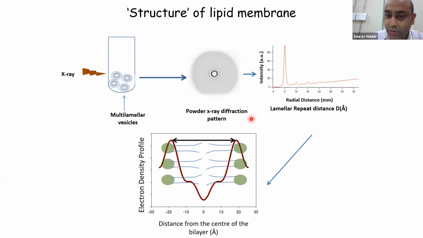It's very similar to what we otherwise do in protein structure determination, but in a slightly different way. So we get the powder X-ray diffraction pattern, we get the lamellar repeat distance, and the Fourier transformation of that is basically the electron density profile. The electron density profile is nothing but a time averaged distribution of different components of a lipid molecule.